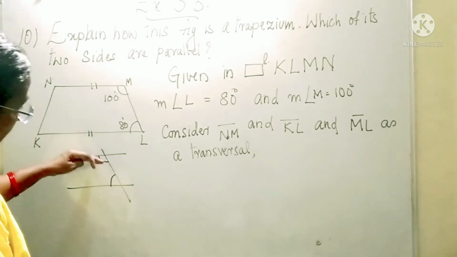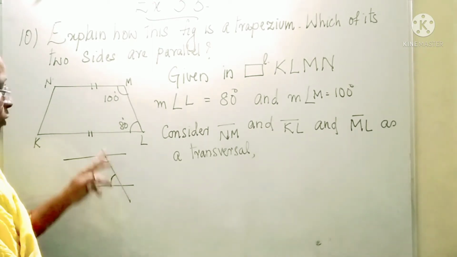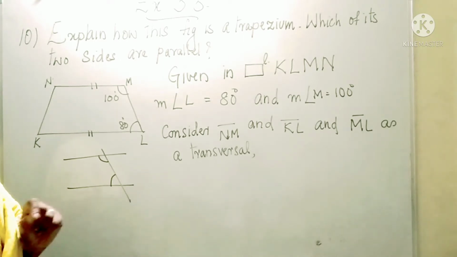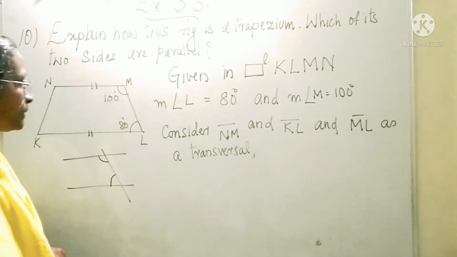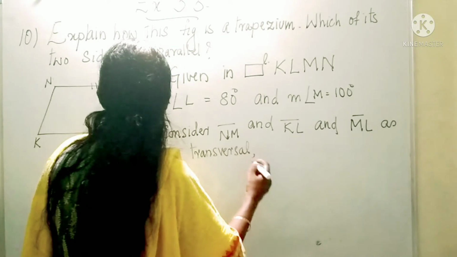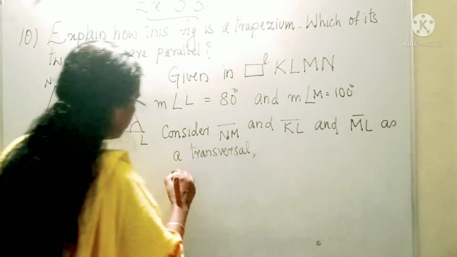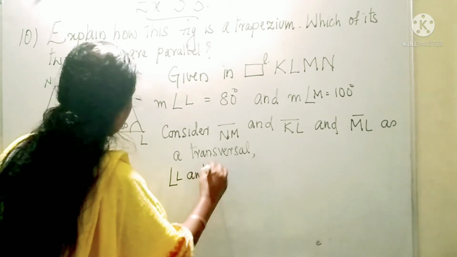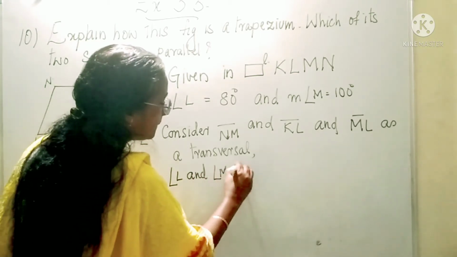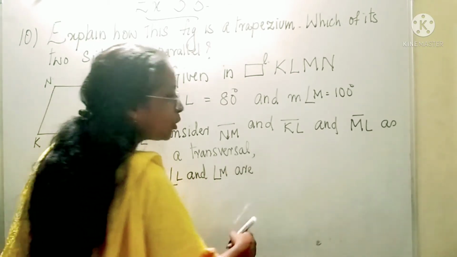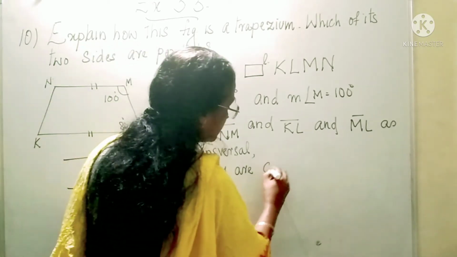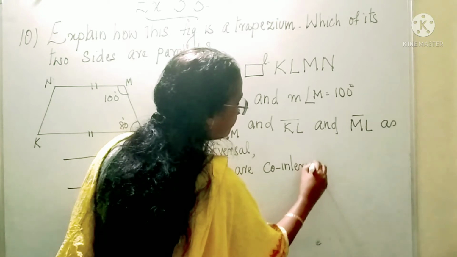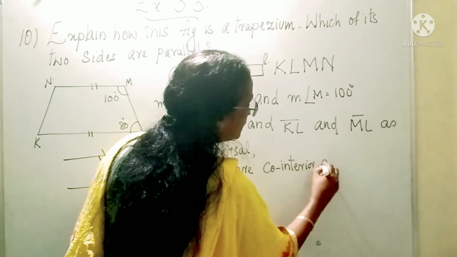They both are interior angles on the same side of the transversal. They are called co-interior angles. Angle L and angle M are co-interior angles.